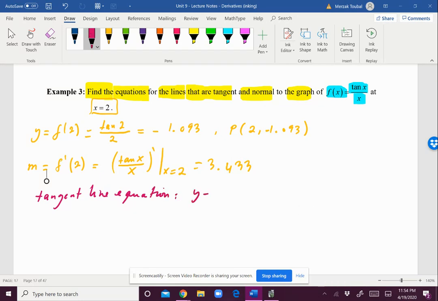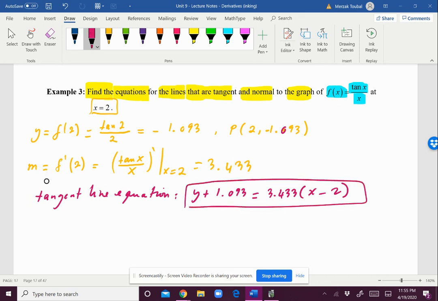Y minus negative 1.093, that's simply plus 1.093, equals the slope, which is 3.433, times x minus 2. We can keep it like this, or we can simplify, either or. Let's keep it like this.